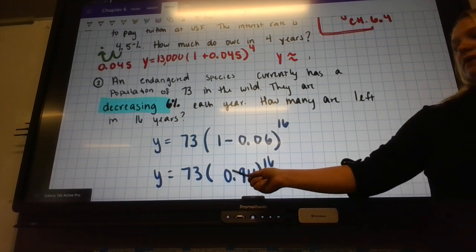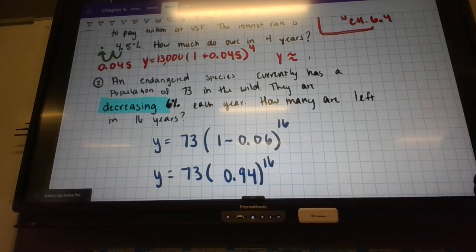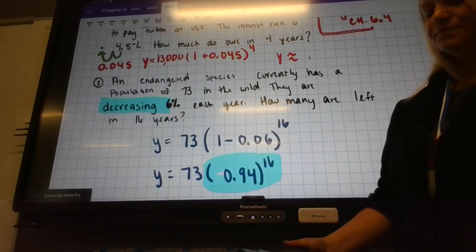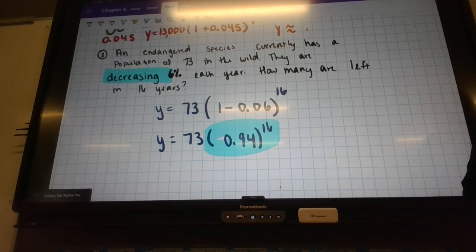So this means 94% remain because we lost 6. The correct order of operations would be to do the exponent first. Or you can put it all in at once if you're on that awesome Google or Desmos calculator.